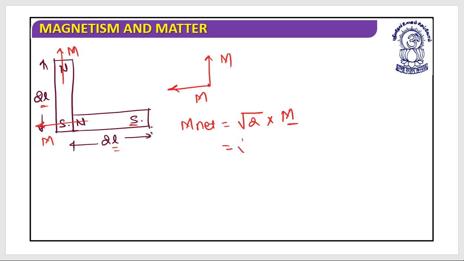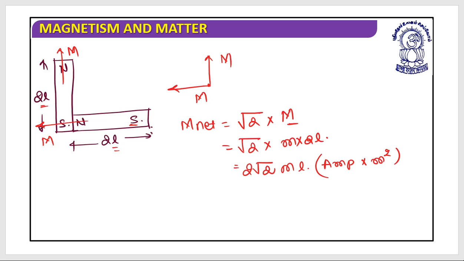In this situation it could be written as root 2 into m into 2l, or I could write it as 2 root 2 m into l, ampere into meter square. This is the unit. I hope this is clear.